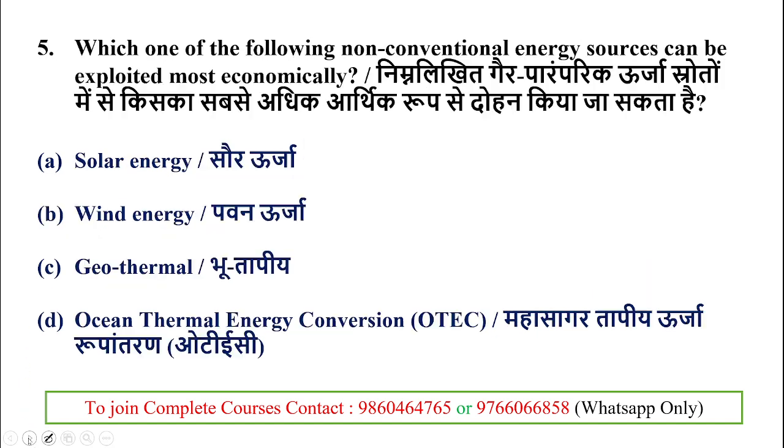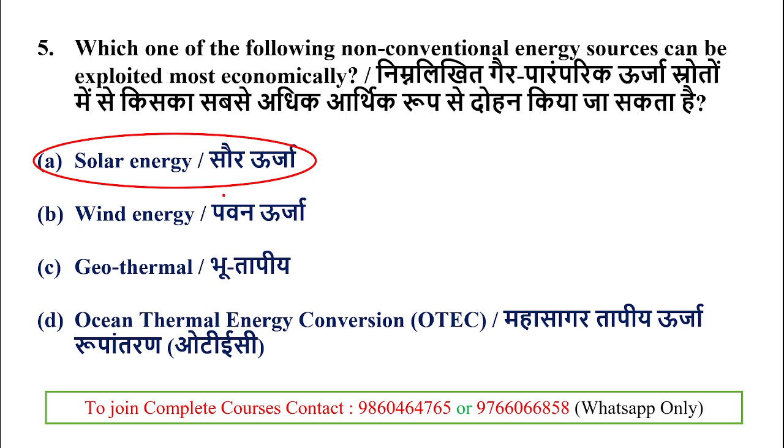Clear? And the next one is: which of the following non-conventional energy sources can be mostly economically exploitable? Here the word mostly relates to economical also. The energy you can get is very economical, that means very cheap, so you can use it everywhere. It is also a very exploitable energy, and it is non-conventional. Non-conventional, exploitable and economical: none other than solar energy.